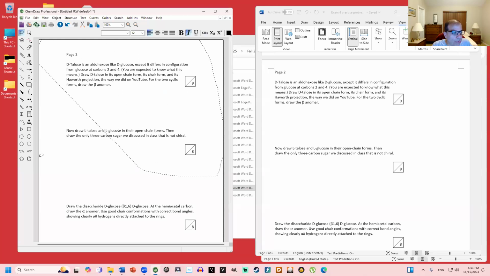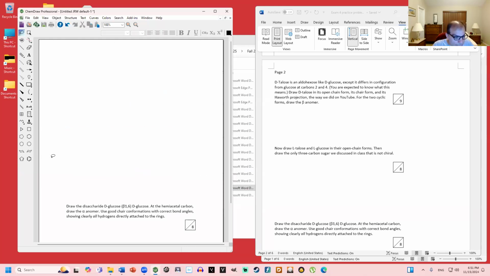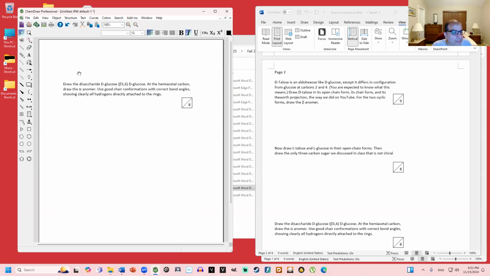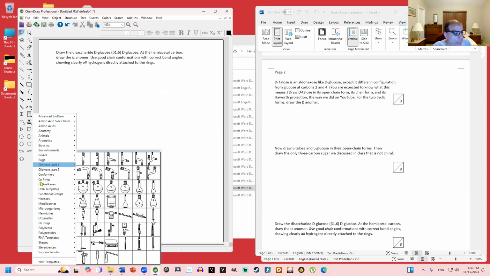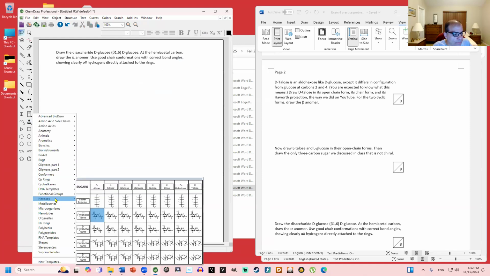Now we just have the third part of the question to worry about. Draw the disaccharide D-glucose beta-1,6-glucose, D-glucose. So we're going to start with D-glucose.